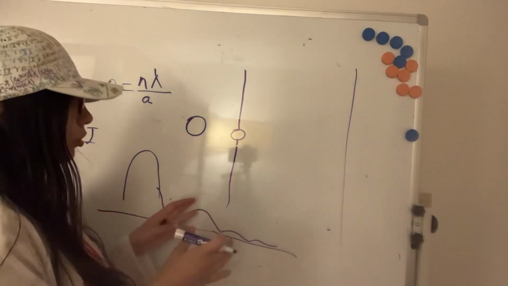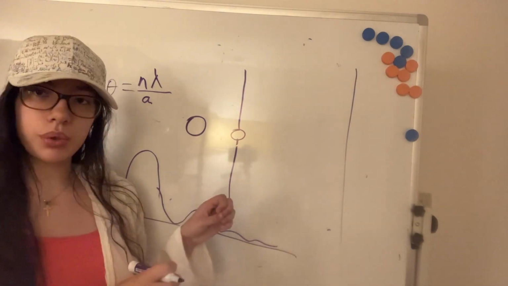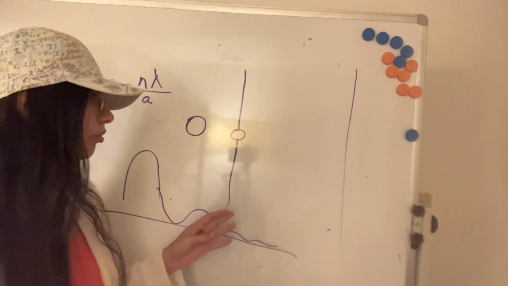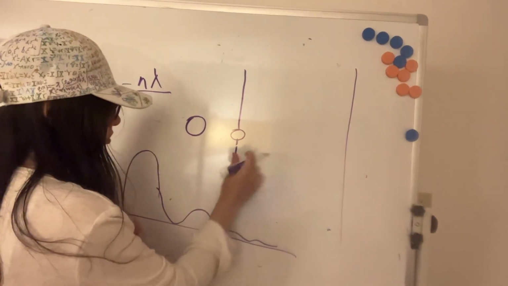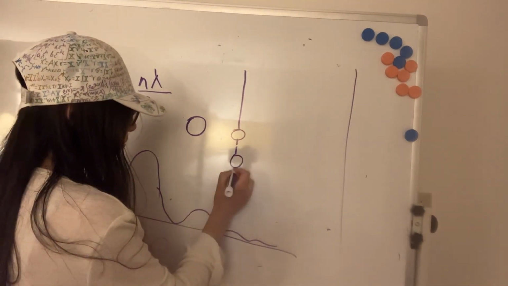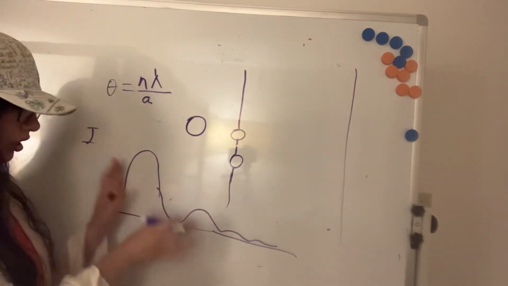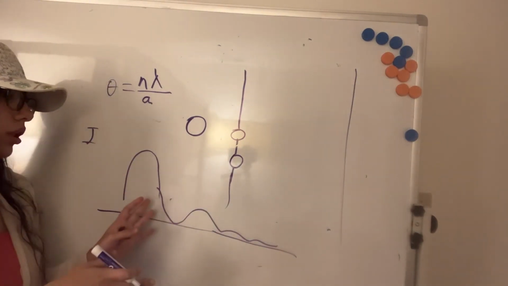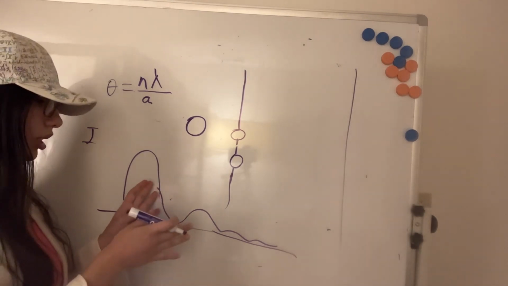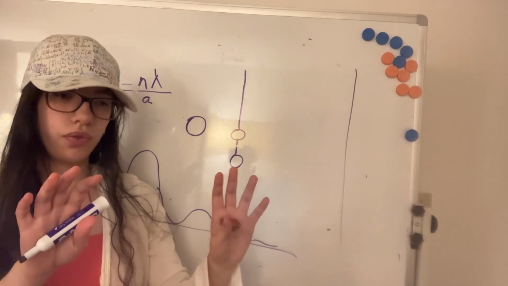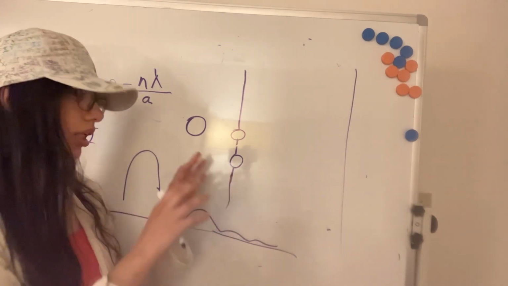If we have two circular openings, so we have two sources of light, could be the headlights of a car, we could see in each one this diffraction pattern. So we want to know what is the minimum distance at which the two sources could be, from which we can distinguish that there are two sources.